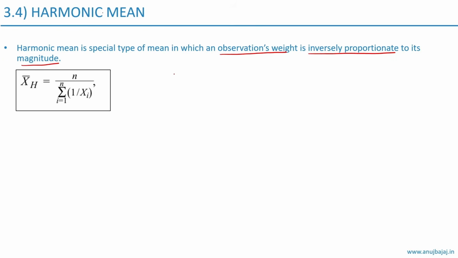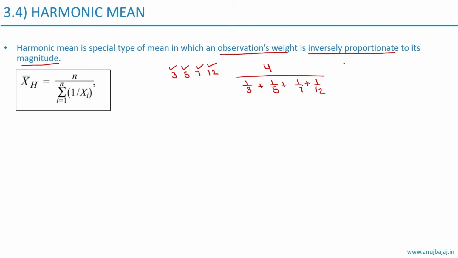Suppose we have 4 observations, 3, 5, 7 and 12. In order to find the harmonic mean, we take the reciprocal of each of the observations and add the reciprocals of the observations. Then we divide this entire sum by the number of observations. In our case, we have 4 observations. Hence, we divide this entire sum by 4.